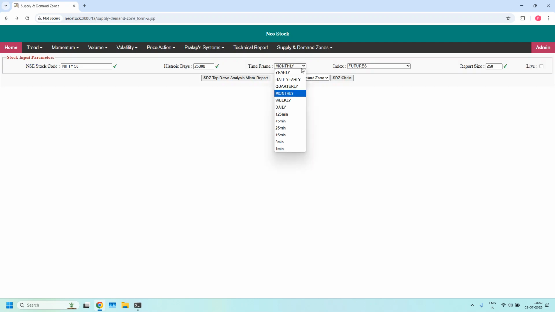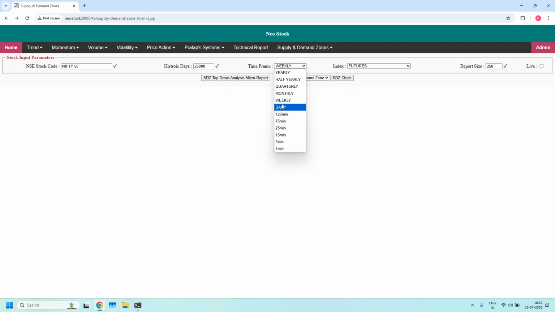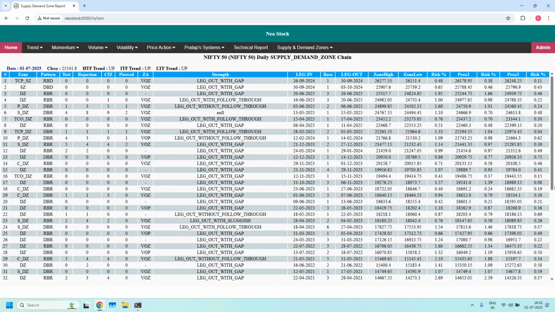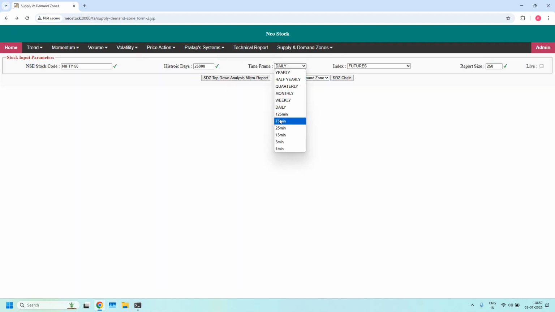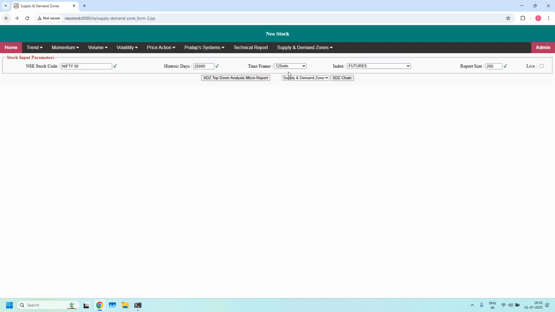Okay, next, generating weekly supply demand zone chain for NIFTY. Next, generating daily supply demand zone chain for NIFTY. Next, generating 125-minute supply demand zone chain for NIFTY. Next, generating 75-minute supply demand zone chain for NIFTY.